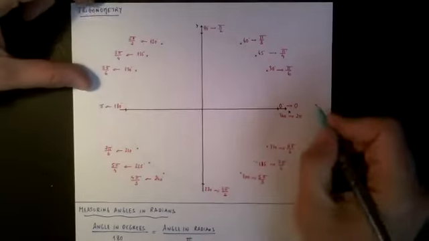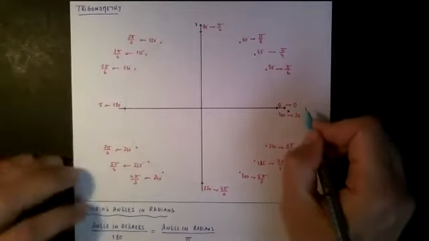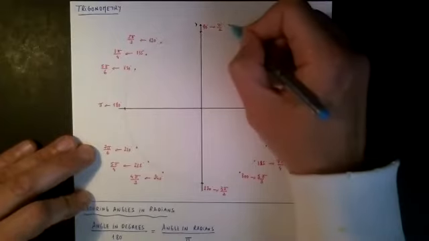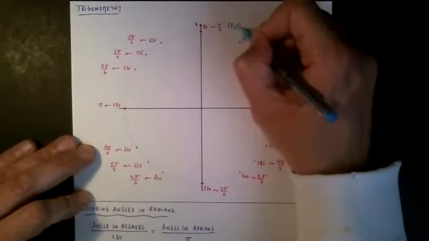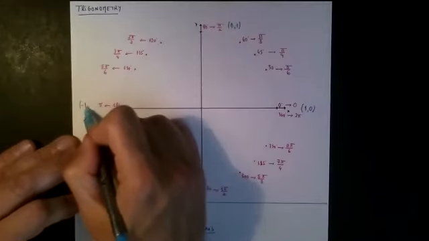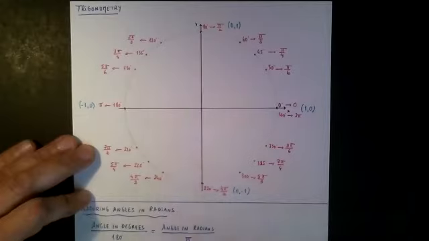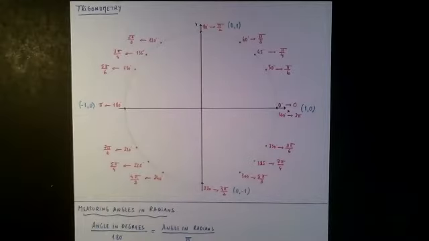I'm going to put them right away. So, of course, this one here, that's the easiest. This one is 1, 0. This one is also easy, 0, 1. This is also good, -1, 0, and this is 0, -1. Any questions?